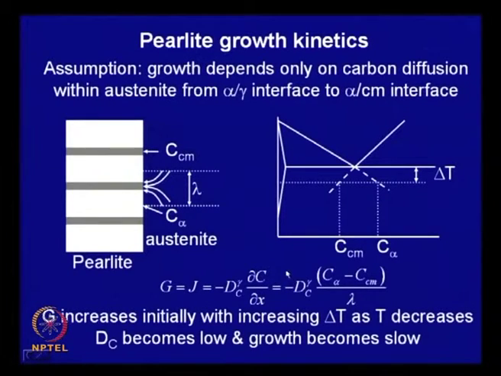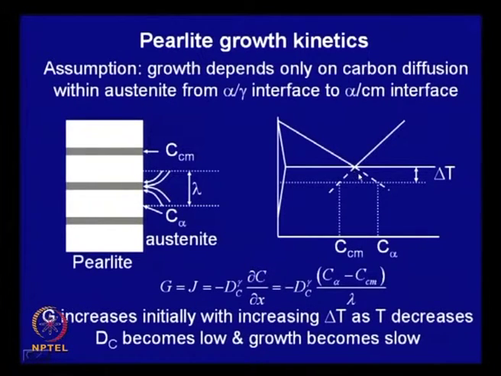Now, a quick look at the growth kinetics in a little more detail, the pearlite growth kinetics. It was mentioned that pearlite growth follows through nucleation of cementite, maybe at an austenite boundary. A plate of cementite nucleates, and this disturbs the carbon concentration in the surroundings.